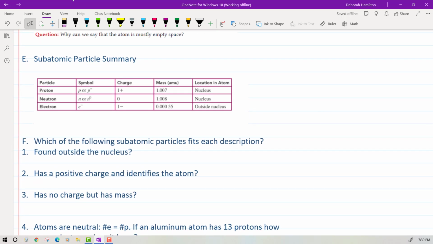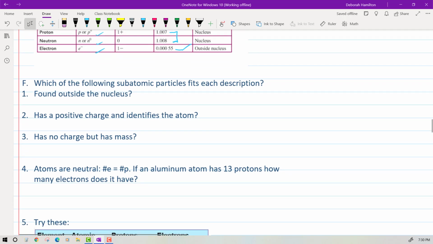So there's just a summary chart of the three subatomic particles and their symbols, their charges. The proton and neutron are about the same mass. The electron is so teeny tiny compared to the other two that it's considered negligible, and we don't even incorporate it in the mass of the atom. Can you match the subatomic particles to the description that's here?